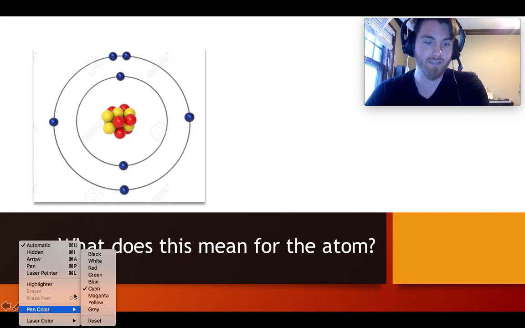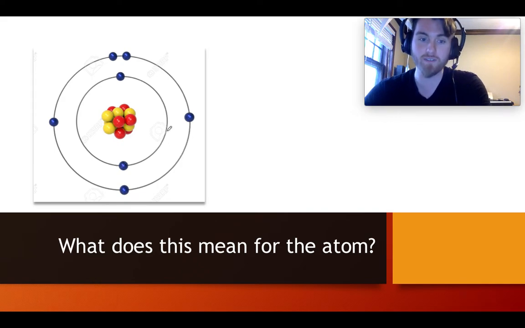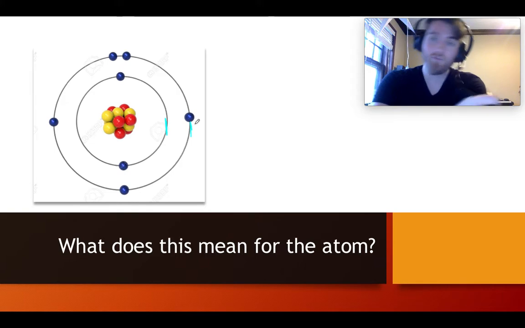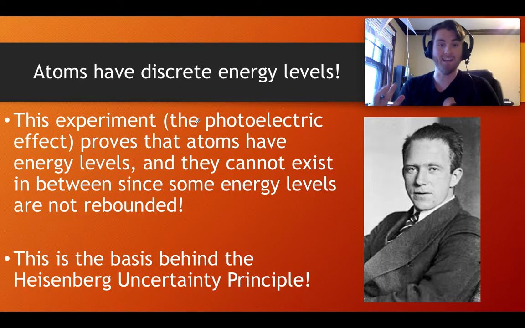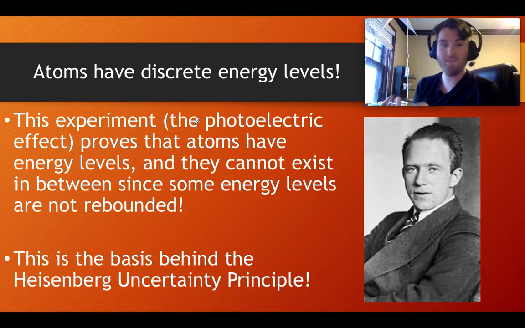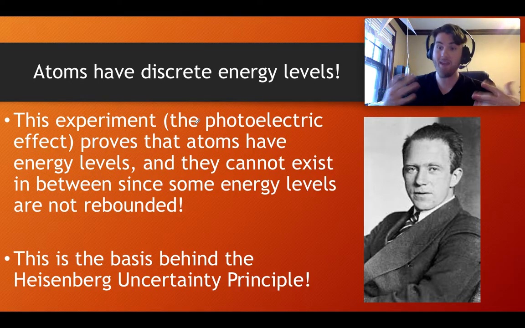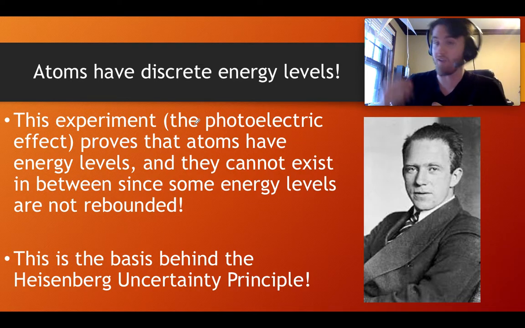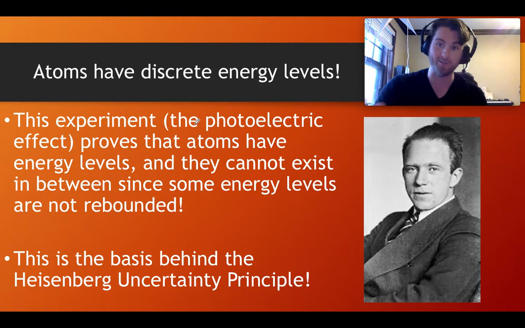Do we actually have these types of levels correlating to this atom that will create a specific frequency of light? The honest answer is that at this point, they really didn't know. But they figured out that atoms have specific amounts of energy. They are quantized and they are discrete.